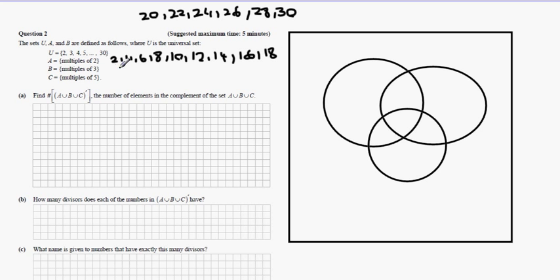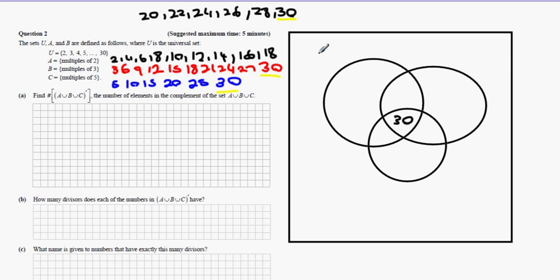Now multiples of 3: 3, 6, 9, 12, 15, 18, 21, 24, 27 and 30. And finally the last one, multiples of 5: 5, 10, 15, 20, 25, 30. Now what goes into the middle of all three? Well, we can see that the number 30 is there in all three of them. So we'll put in the number 30.